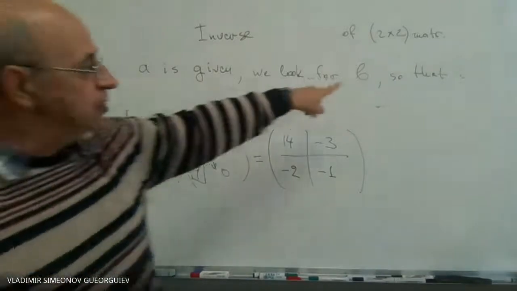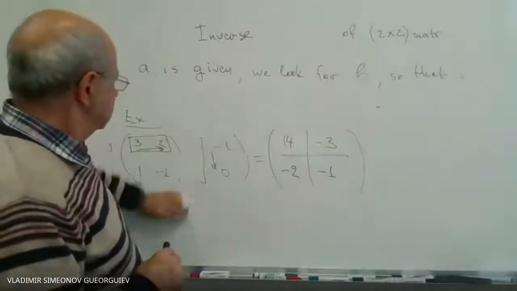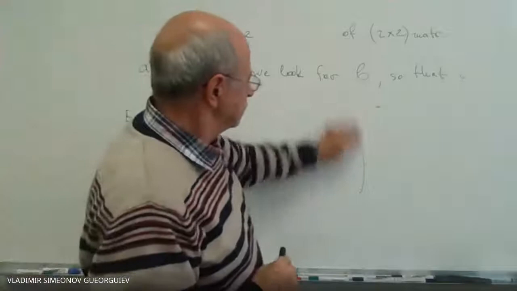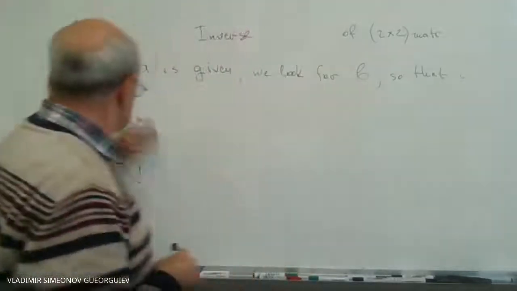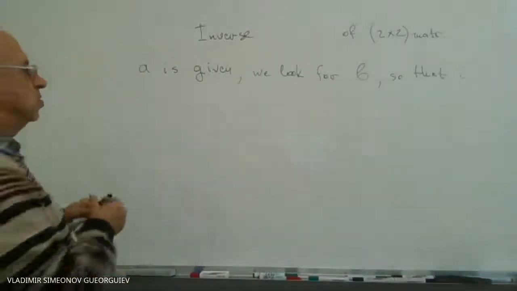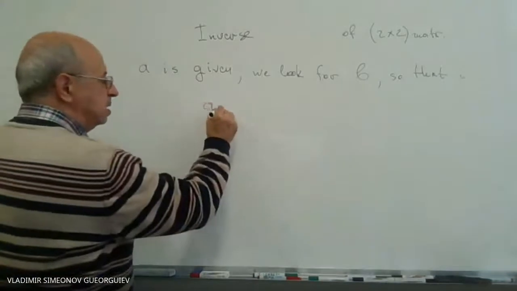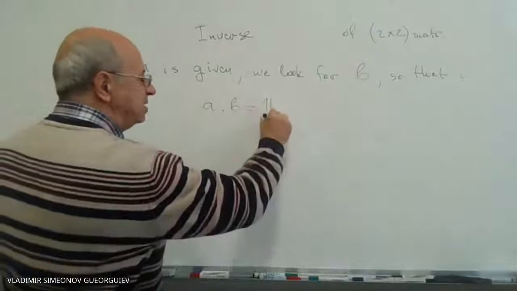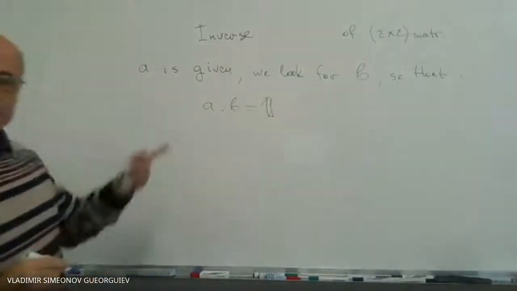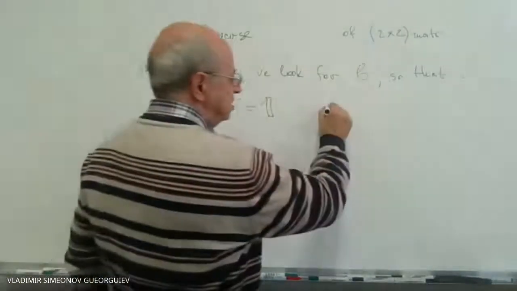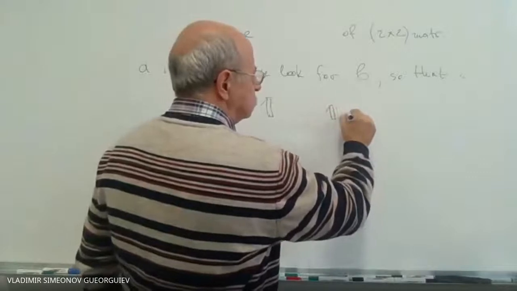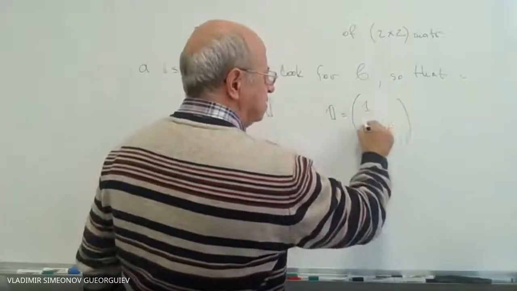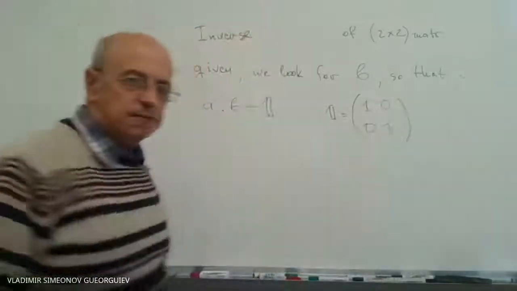We look for a matrix B so that A product with B is the identity matrix. What is the identity matrix? The identity matrix is a 2 by 2 matrix having 1, 1 here and 0, 0 here.